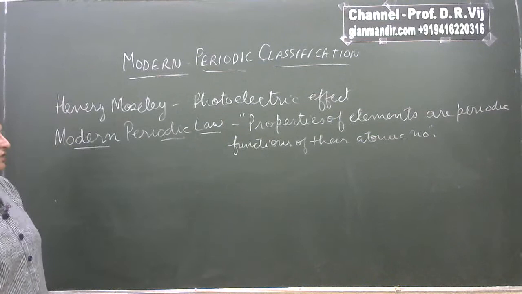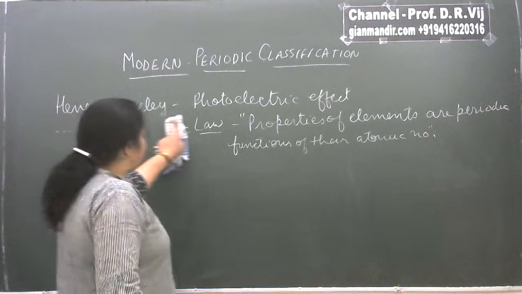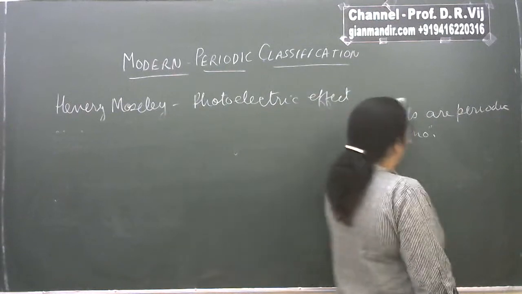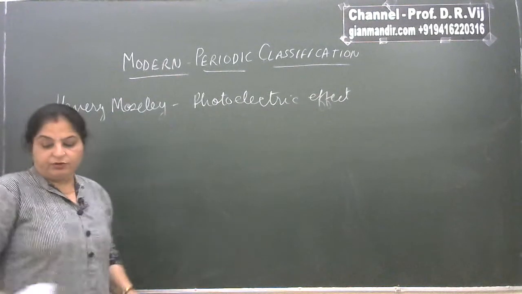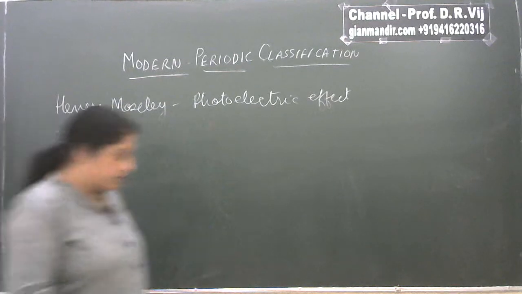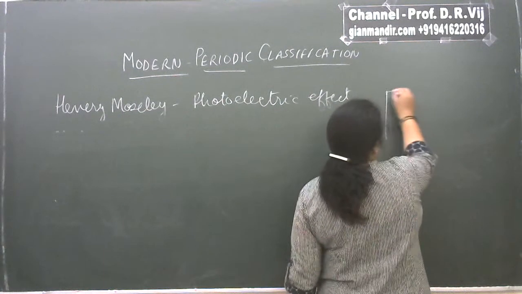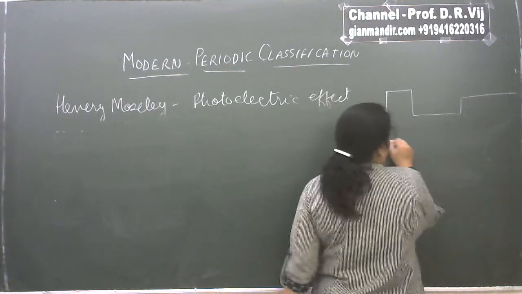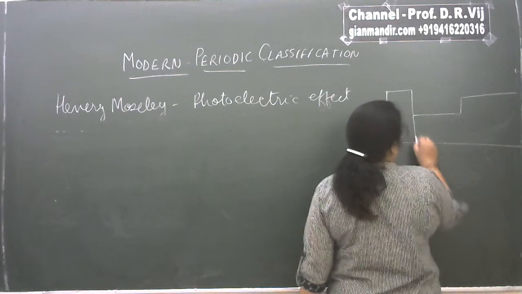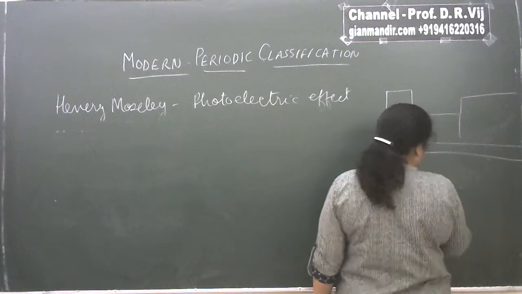Based on this periodic law, the table which we obtained is known as the modern periodic table. If you look at the shape of the modern periodic table, it somewhat looks like this. That is the shape of the modern periodic table.